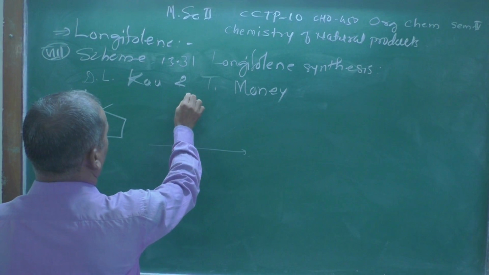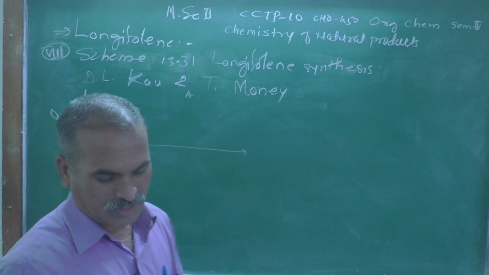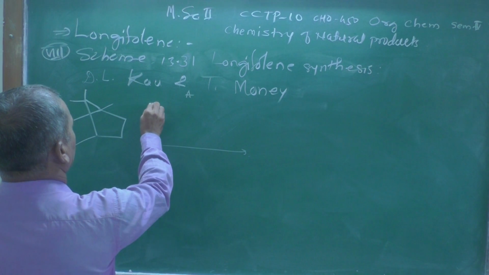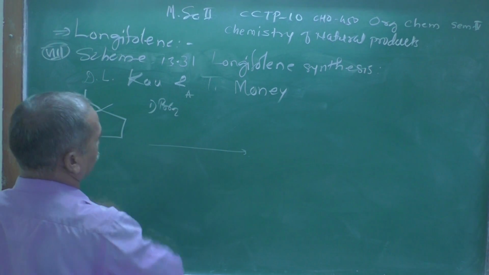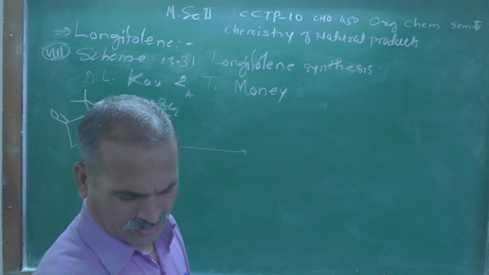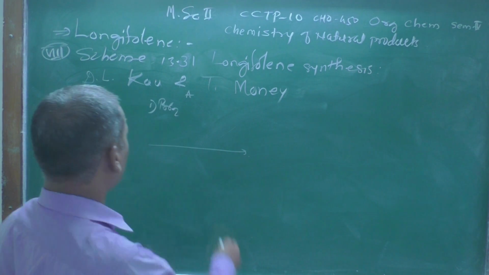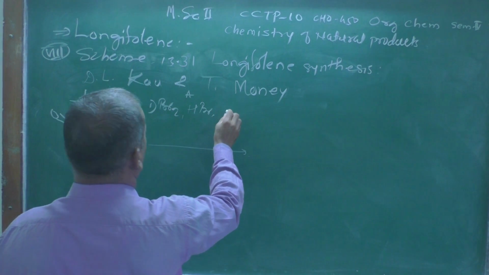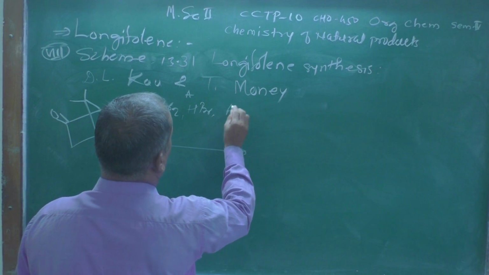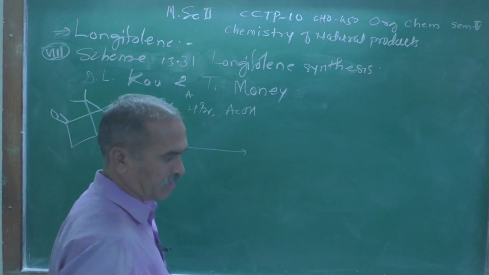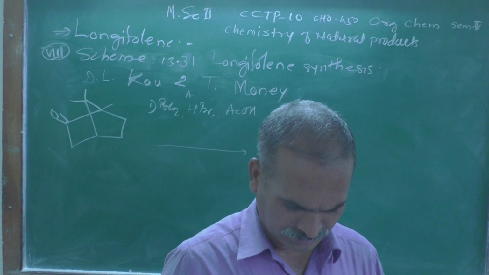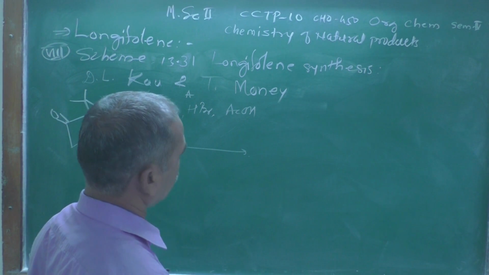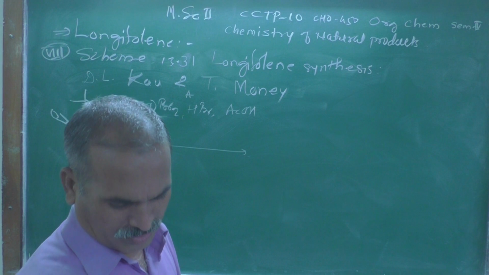Now here is the addition of reagents. The first reagent is Br2, HBr, generally employed in acetic acid, AcOH or HOAc.